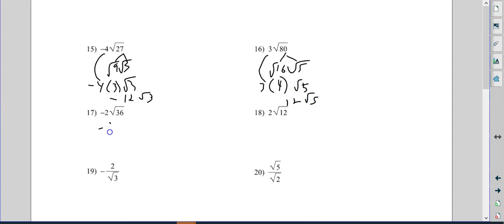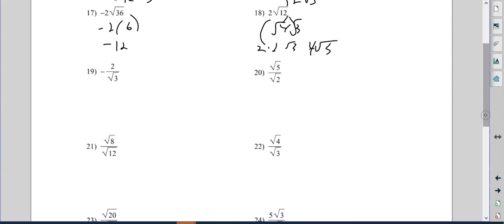Again, perfect square, so it's negative 2 times 6, which is negative 12. 4 and 3, bring the 2 down, times the 2, times radical 3, that gives us 4 radical 3.